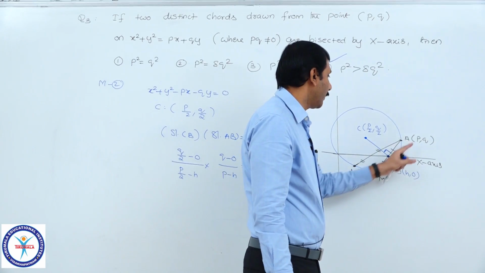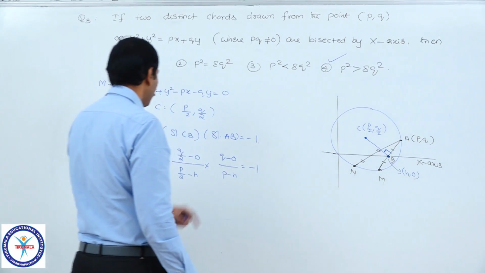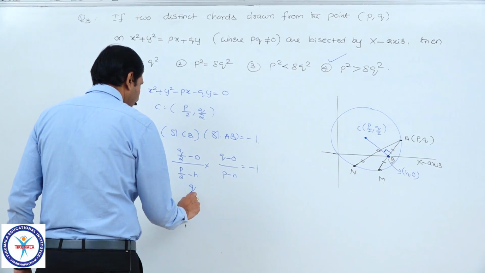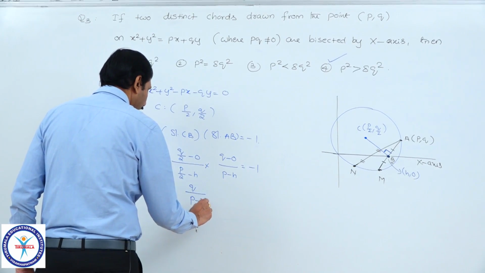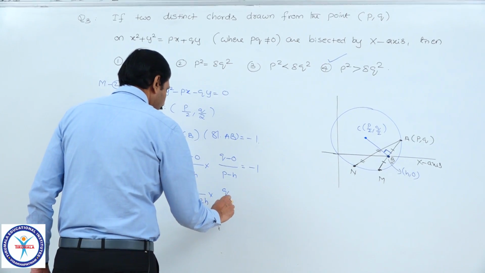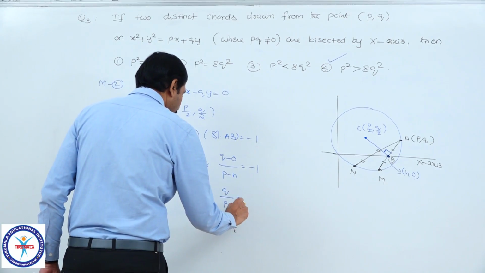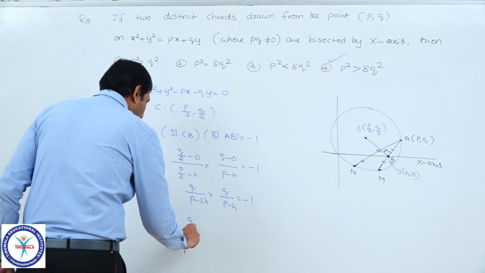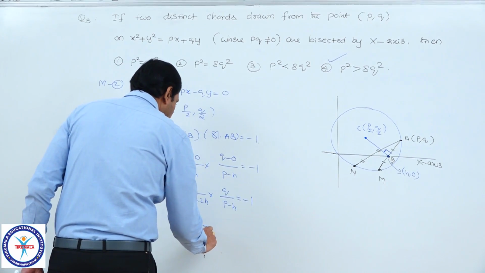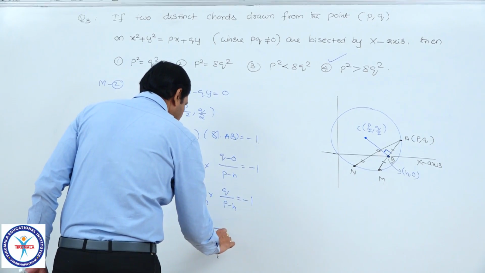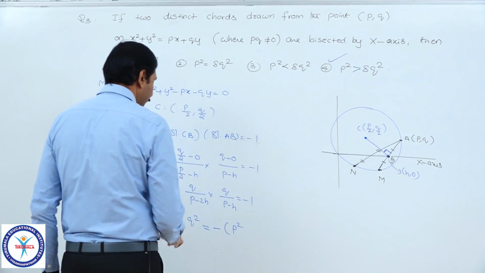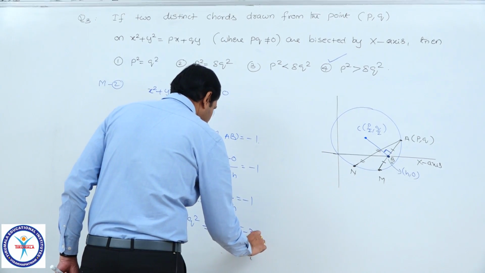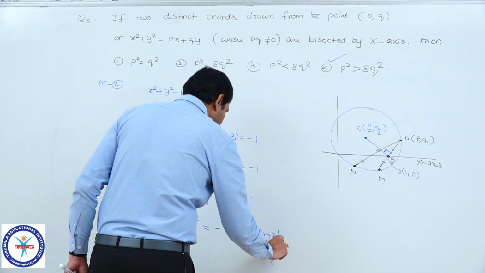Slope of this is q minus 0 by p minus h, equal to minus 1. Here the 2 will get cancelled. Numerator it is q, denominator p minus 2h, into q by p minus h is equal to minus 1, or q square is equal to, by cross multiplication, minus of p square minus 2ph minus ph, minus 3ph plus 2h square.